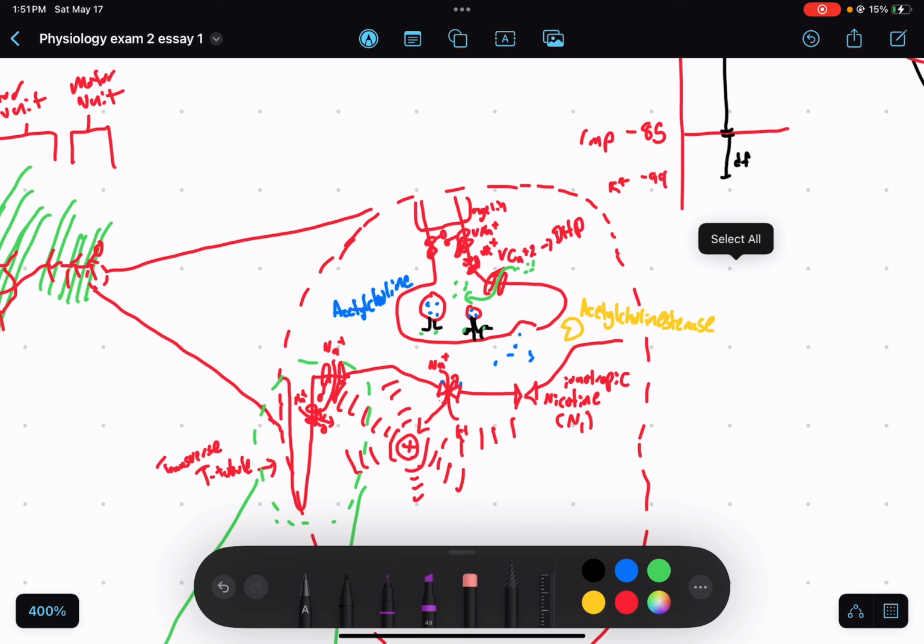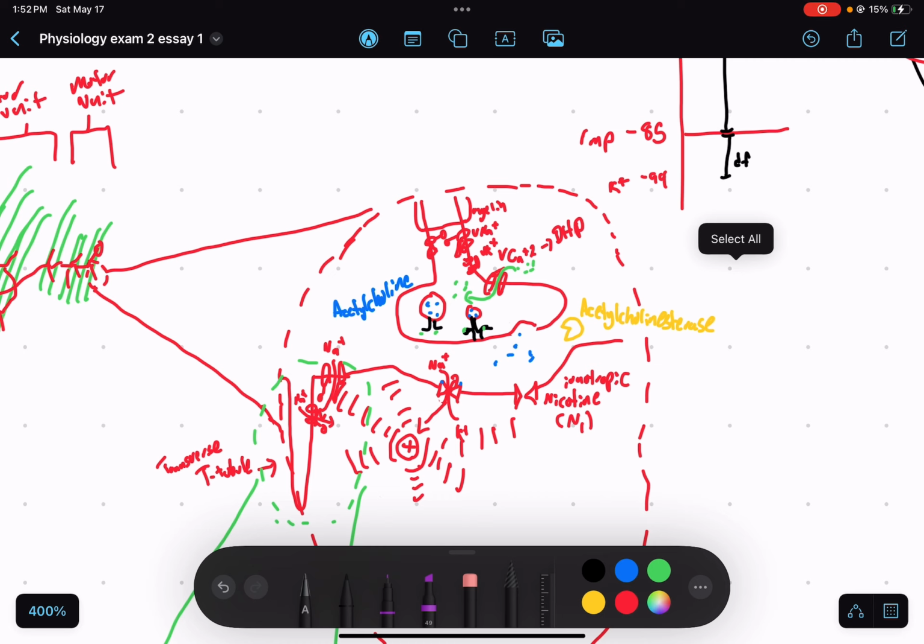You have T-SNARE proteins and V-SNARE proteins, which are terminal SNARE proteins and vesicle SNARE proteins. Once the calcium binds, the V and T-SNARE proteins are going to bind to each other, allowing the vesicle, which is holding acetylcholine, to exocytose the acetylcholine into the synaptic cleft.